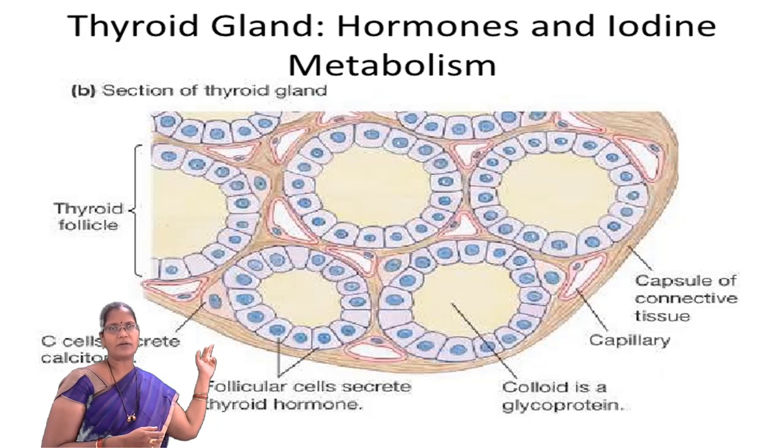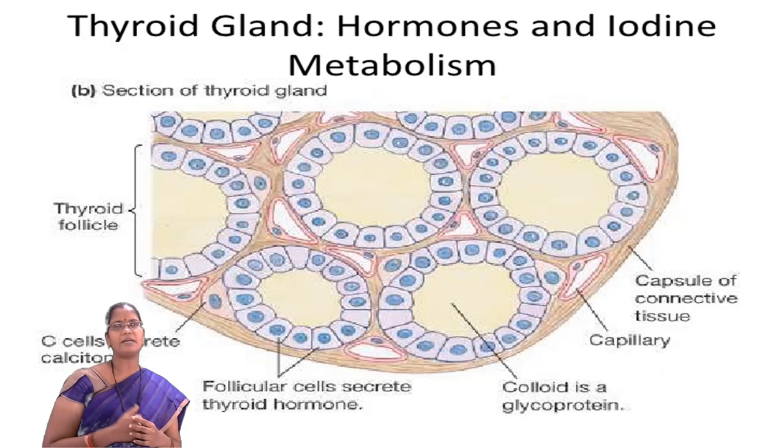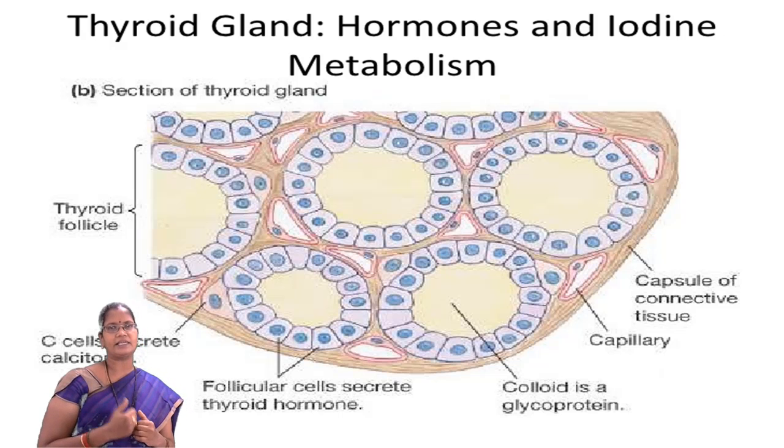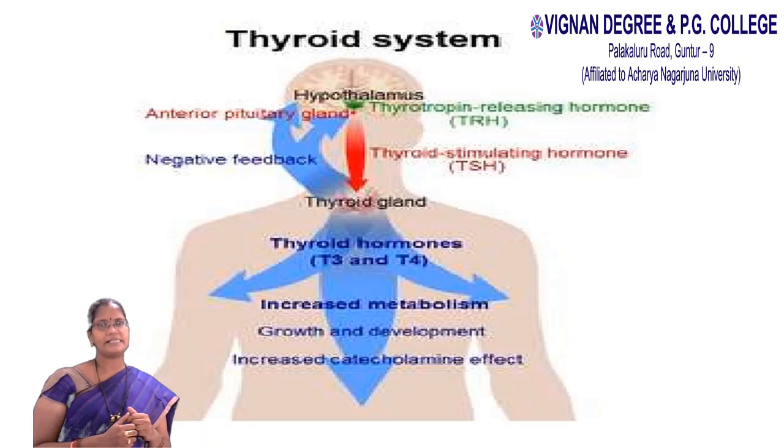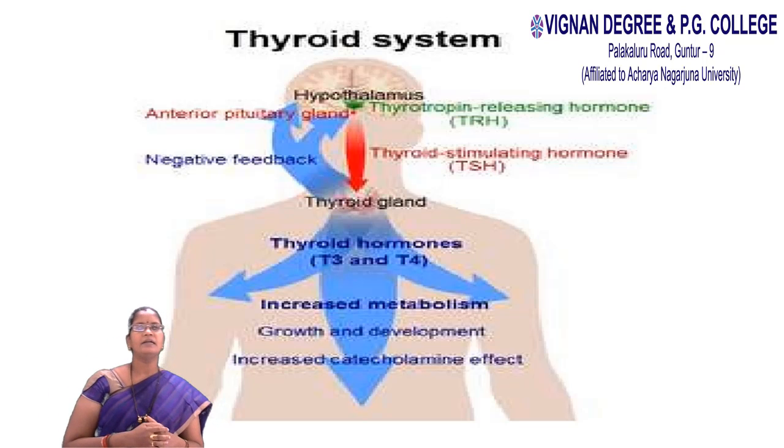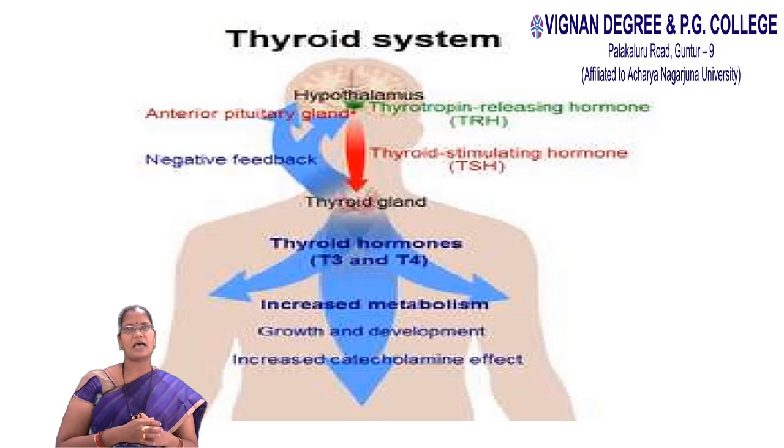Overall, the major component is the thyroid follicle, made up of follicular cells, which secrete T3 and T4. The second type of cell is the C cell, which secretes calcitonin.